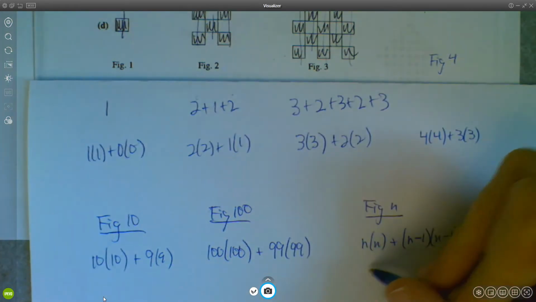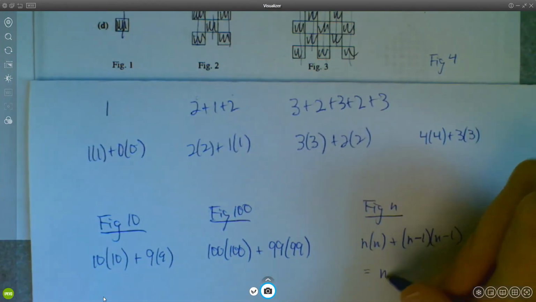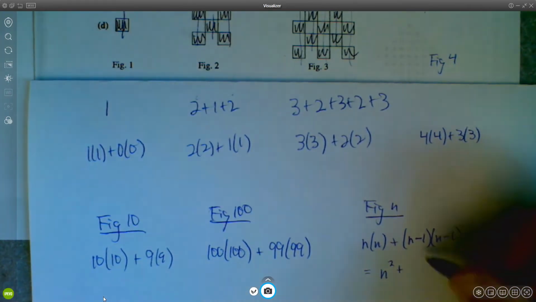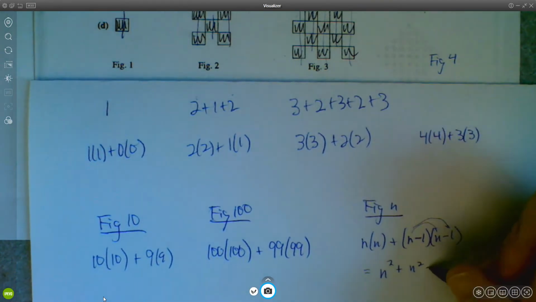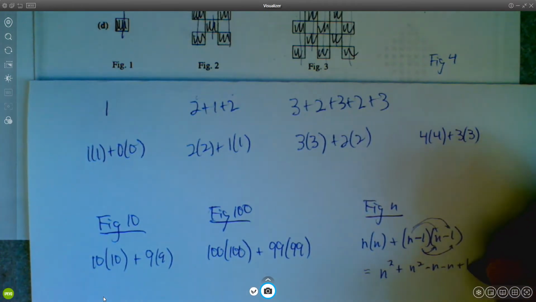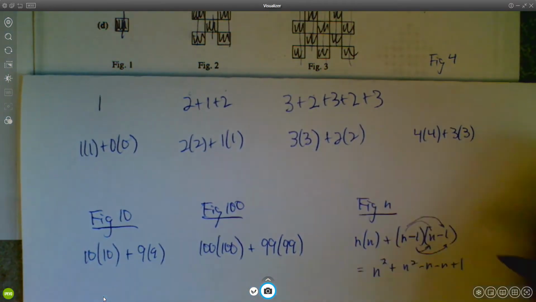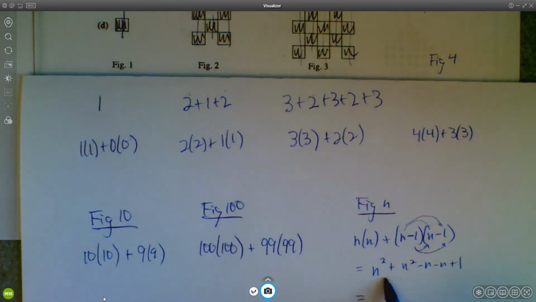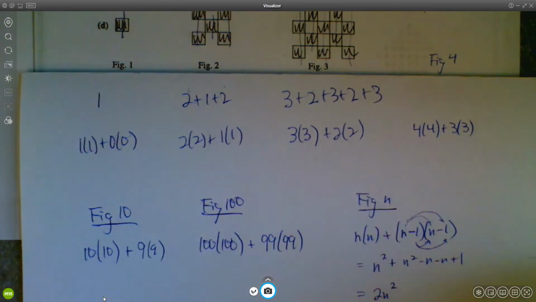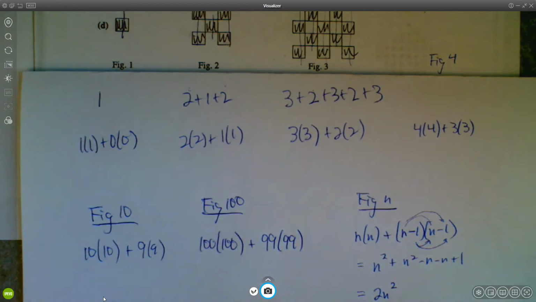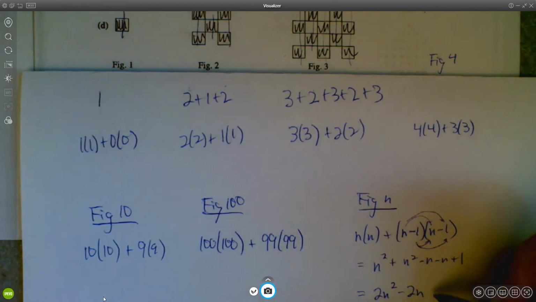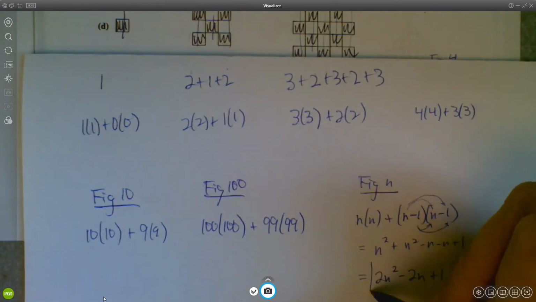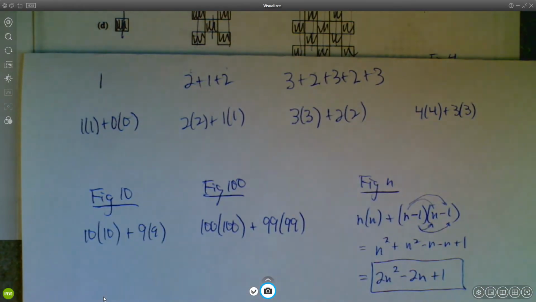Okay, and so that comes out to n squared plus, and then I've got to FOIL this one out, n squared minus n plus 1. And if we combine our like terms there, we're going to have 2n squared, then negative 2n, and then a positive 1. So there you go. That's the number of tiles in figure n, which is very interesting, right?